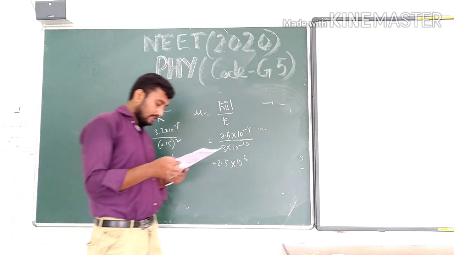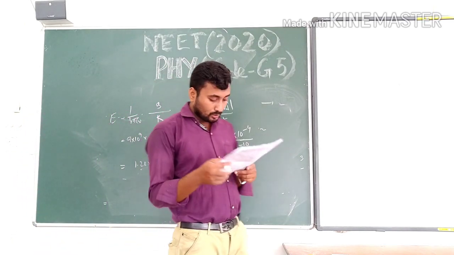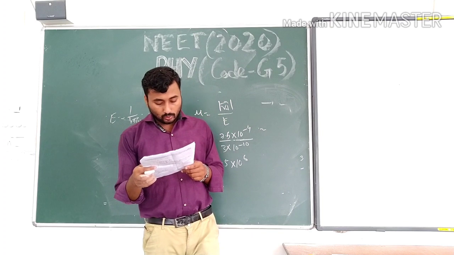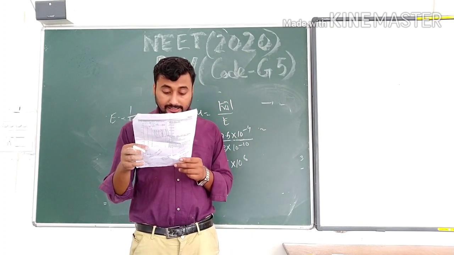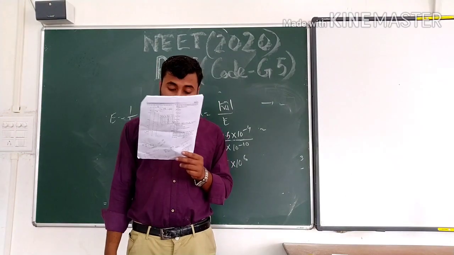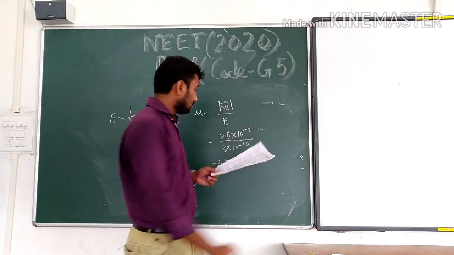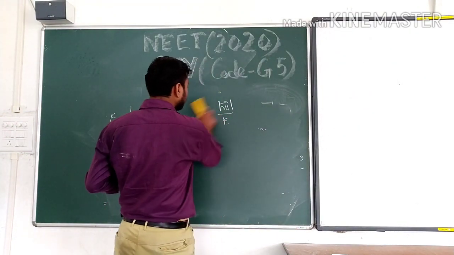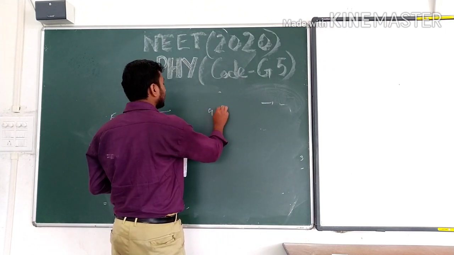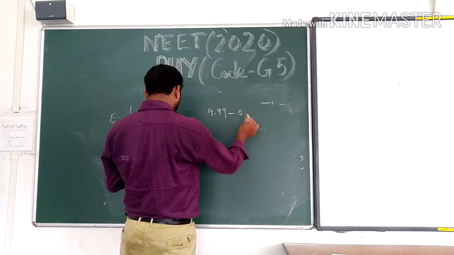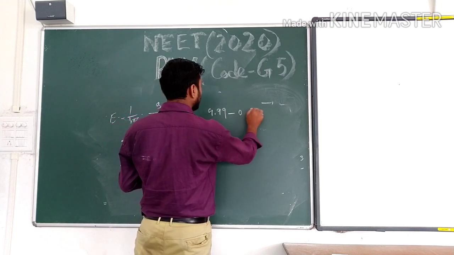So next question, 171. Taking into account significant figures, what is the value of 9.99 meter minus 0.0099 meter? See, 9.99 minus 0.0099.